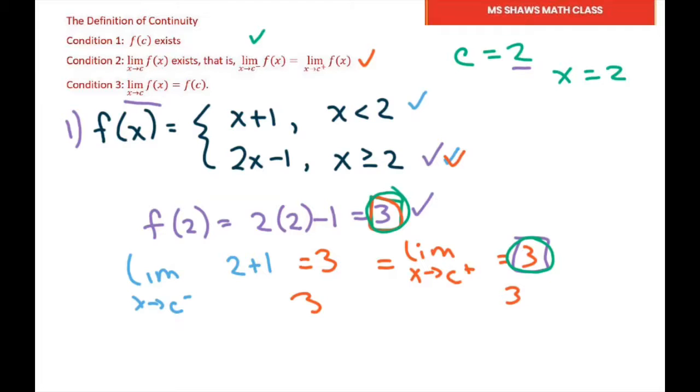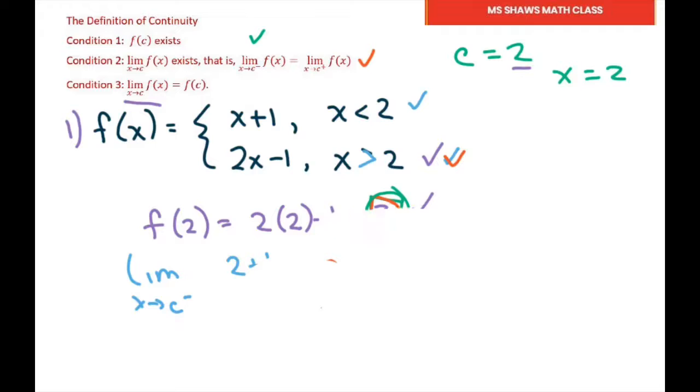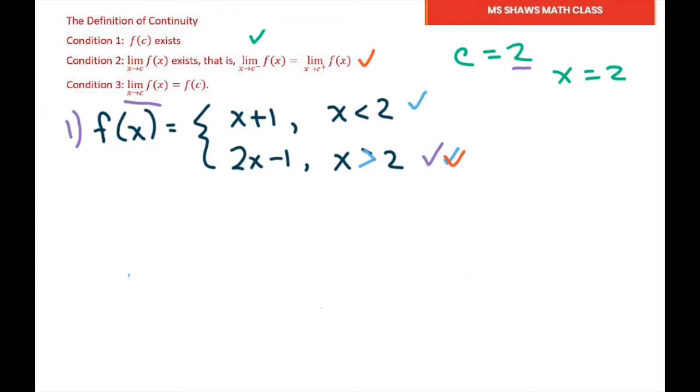Now we're going to do the one where we don't have an equal sign. I'm going to erase this real quick. If you have that one, our first condition is to check for f of c. Does f of 2 exist?